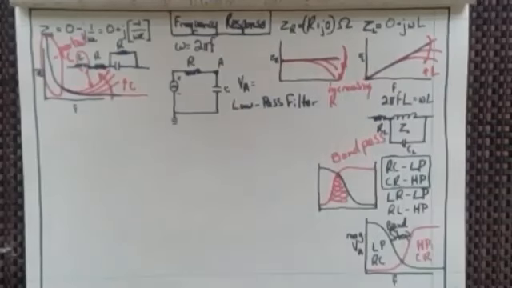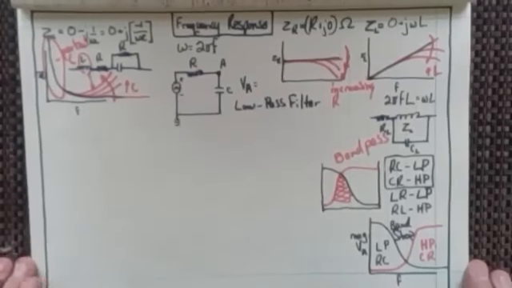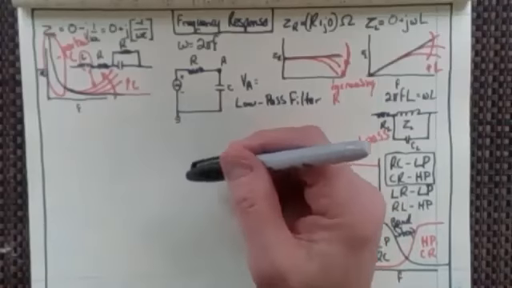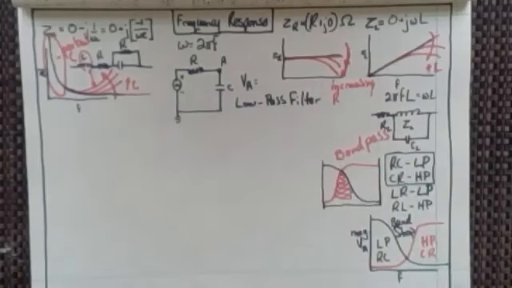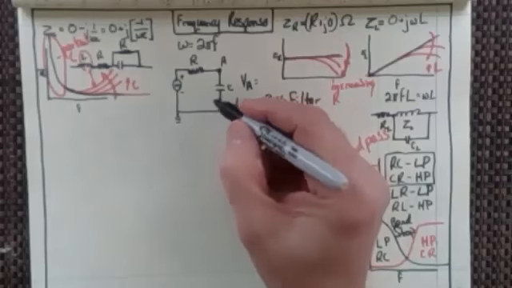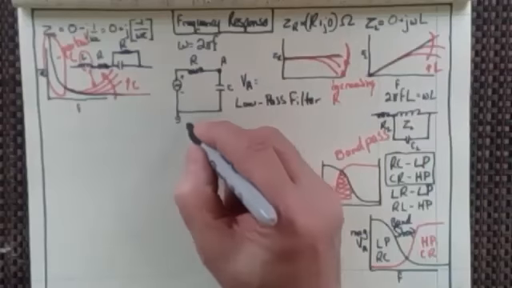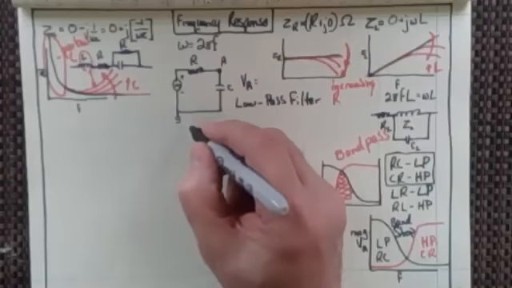So anyway, we've looked at conceptually what these things are supposed to do, but let's look at them at a variety of different frequencies and frequency regimes, and then see how they become a low pass or a high pass filter. Okay? Now, let's look at the two different impedances that are working against each other.